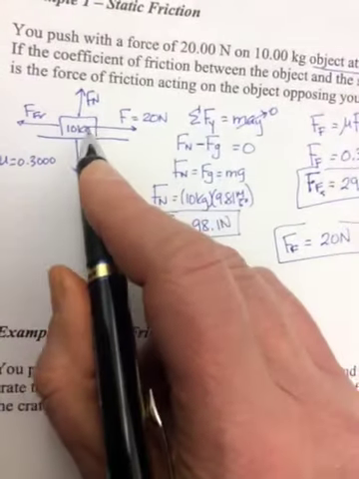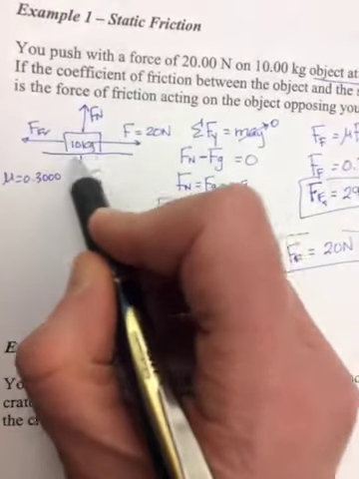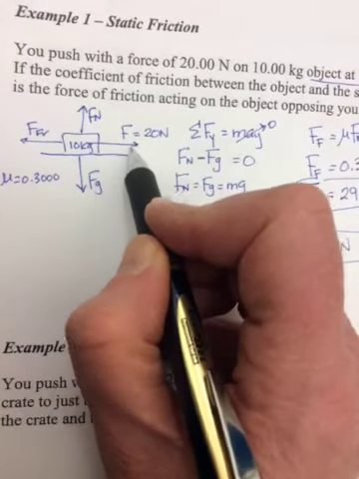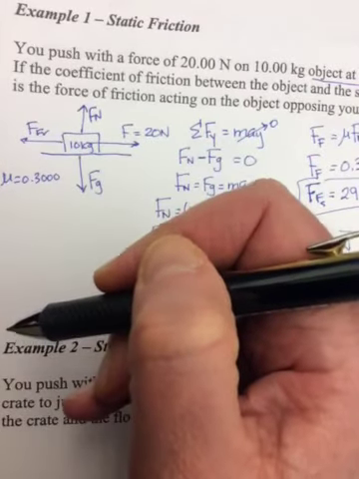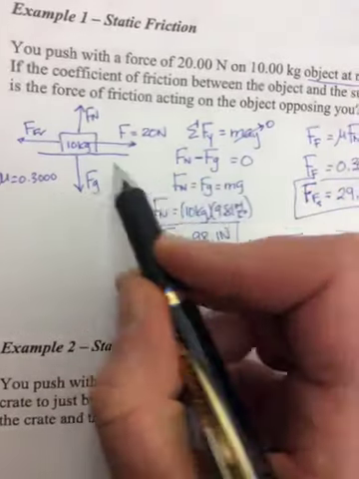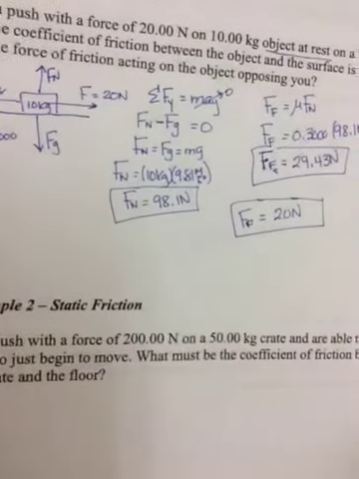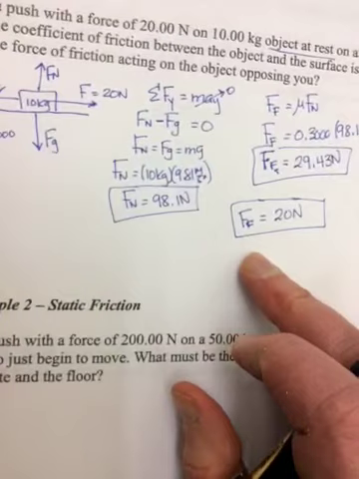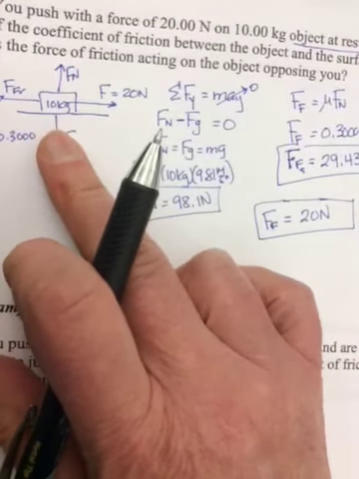Because if it was 29.43 newtons, I would look like the biggest loser in the world, because the box is stationary and I push with a force of 20 newtons, and now the box begins to slide in the opposite direction that I'm pushing in. Okay, so the static frictional force will only push back with as much as it needs to prevent the object from moving. So if I push with 10, it'll push back with 10. If I push with 20, it'll push back with 20.